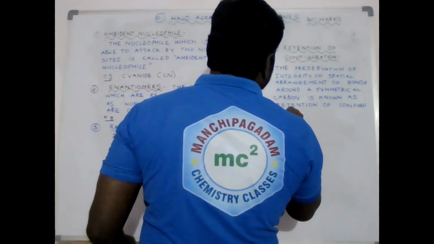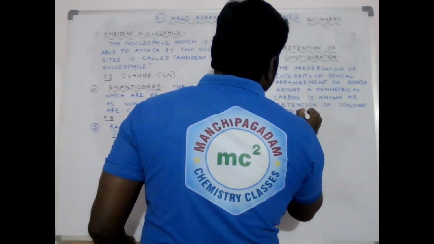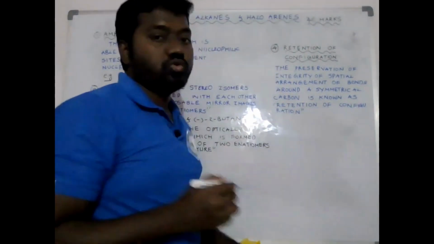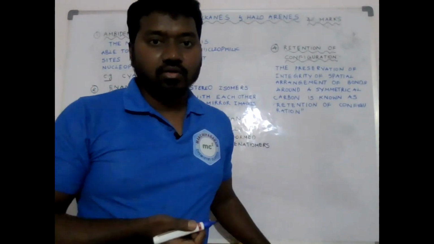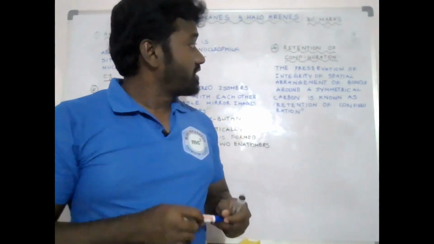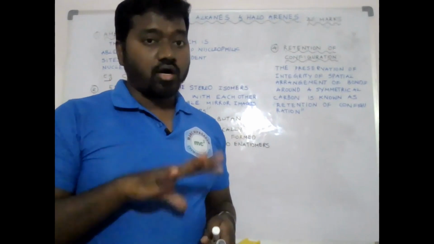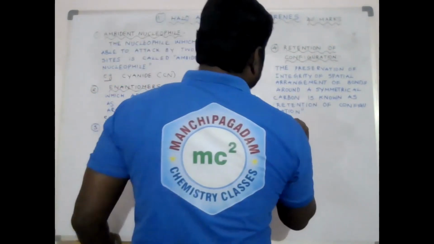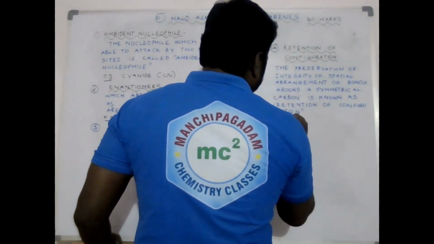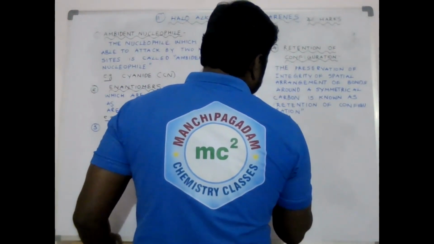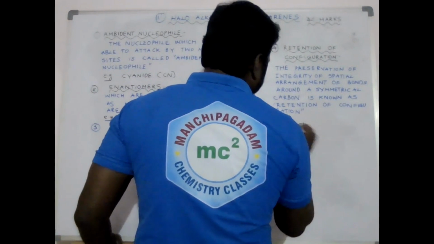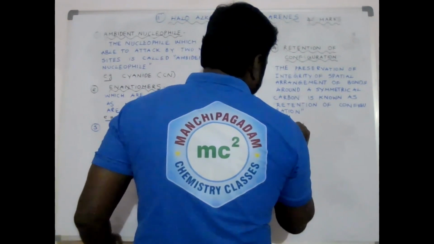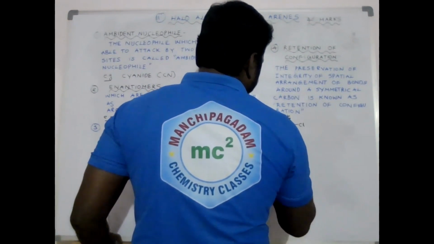Retention of configuration means whatever the bonds we have on the reactant side, there is no change in the bonds, right? All bonds are preserved, which means there is no change. Example, I am taking like this: hydrogen, here Cl. For example, this is a somewhat thick bond.